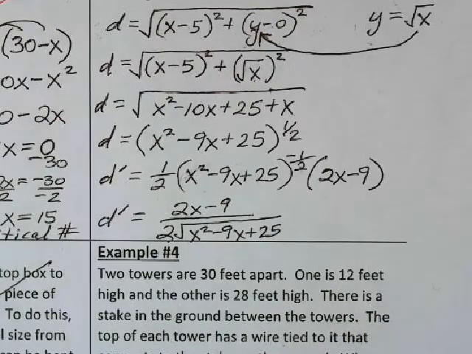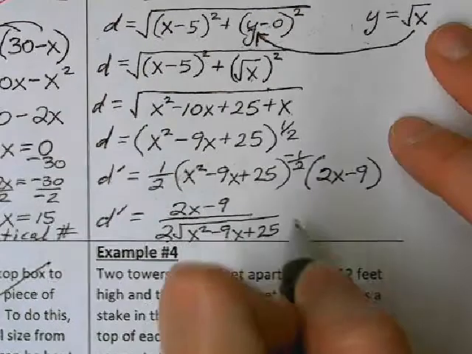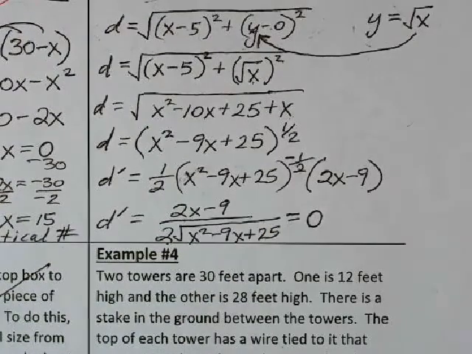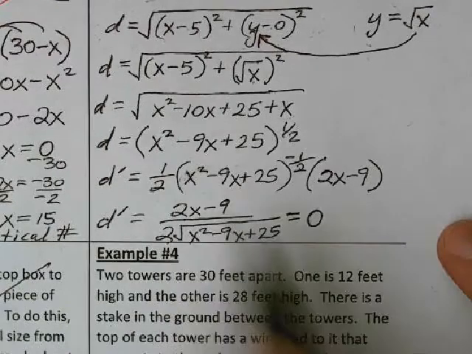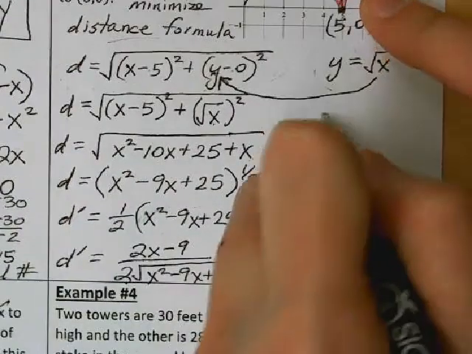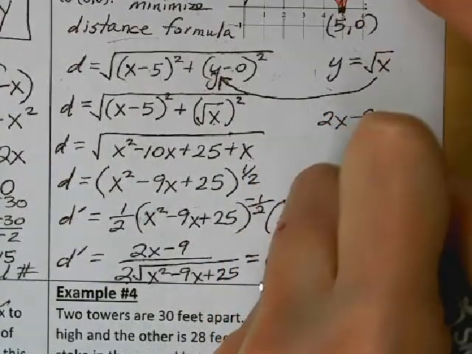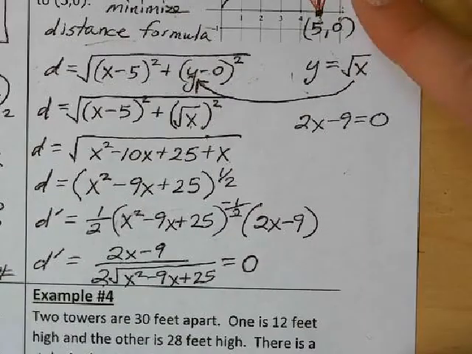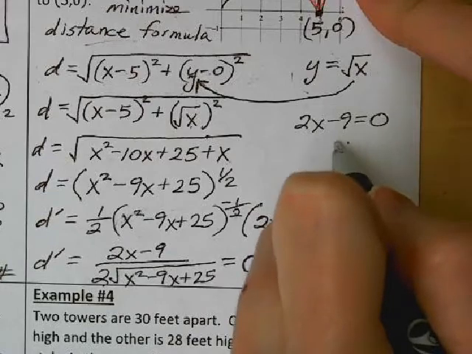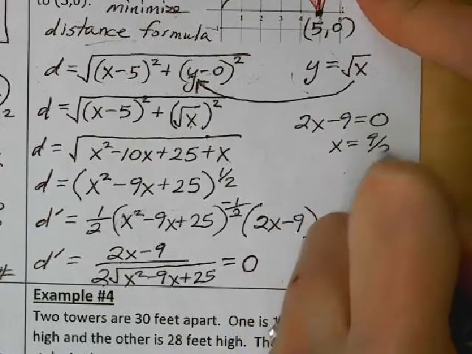Okay, so finally we're getting there. We took the first derivative, then you set that equal to 0. When would this derivative equal 0? Yeah, when that numerator equals 0. If you take 2x minus 9 equals 0 and solve that, you'll get the answer. You get x equals 9 over 2, which is 4.5.